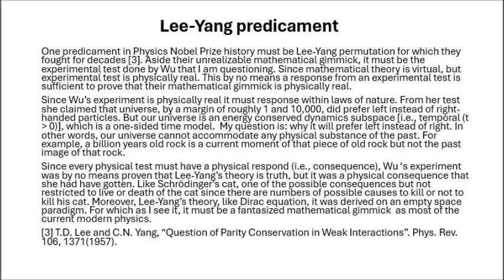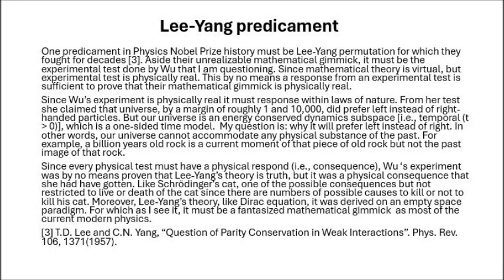From her test, she claimed that the universe, by a margin of roughly 1 in 10,000, did prefer left instead of right-handed particles. But our universe is an energy-conserved dynamic subspace that is temporal t greater than 0, which is a one-sided time model.